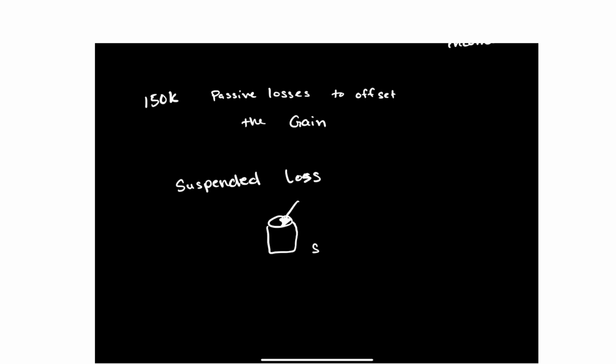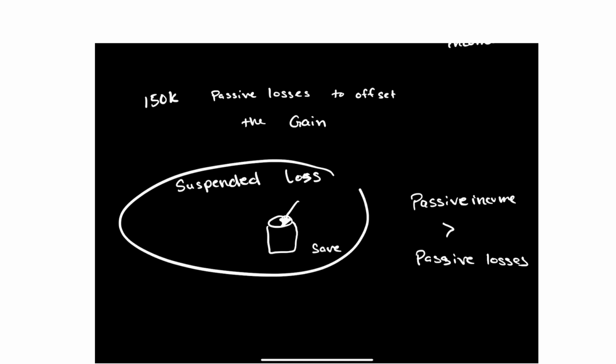And you save these. And then when you have another passive income that is greater than any passive losses you have, you can use these saved suspended losses to offset the rest of that passive gain.